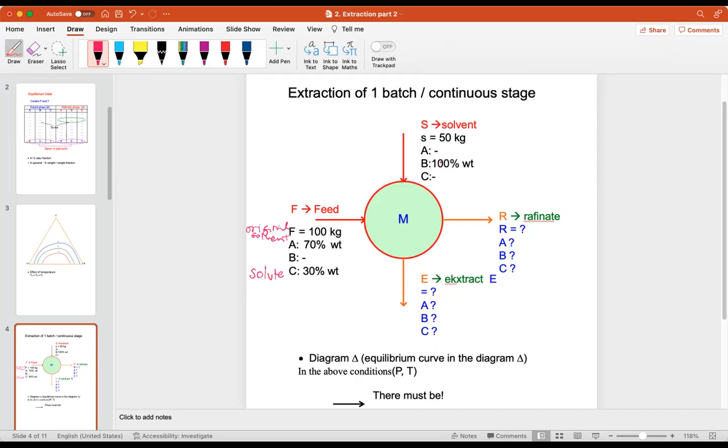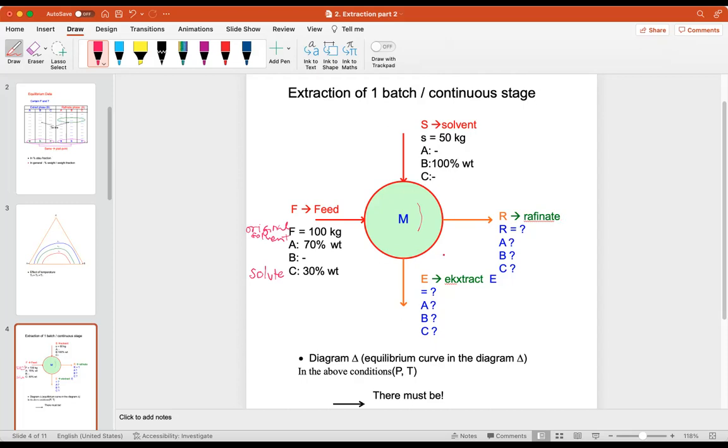Okay, got it up to here? Then we mix them together with the agitator, with good mixing, and once it goes into the two-phase region, it's going to separate into an extract and also raffinate.